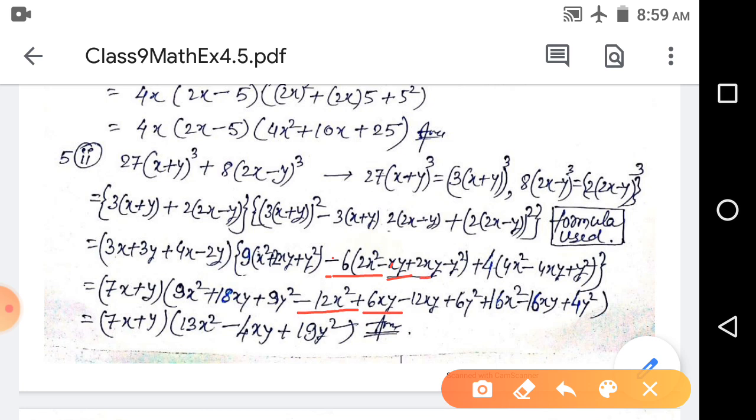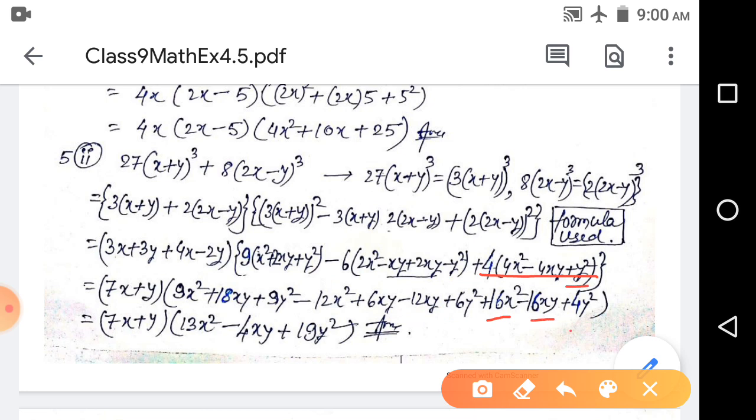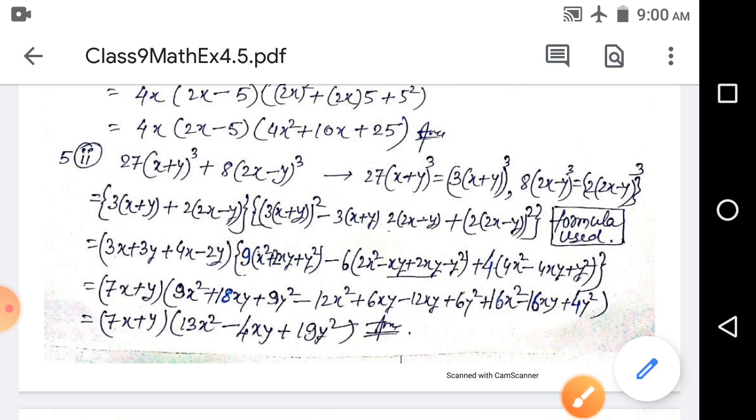This is 12 with a minus sign, so this one becomes −12xy, and here y² is minus and 6 is minus, so this one becomes plus 6y². Now see this term. Here it is 4 into 4x², that is 16x². 4 into 4xy is 16xy, and 4 into y² is 4y² with a plus sign.